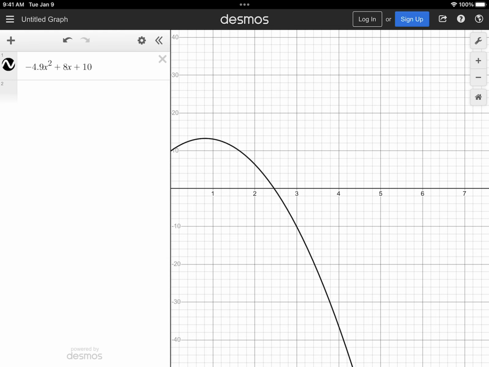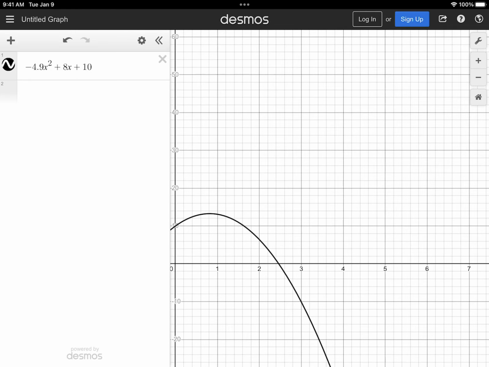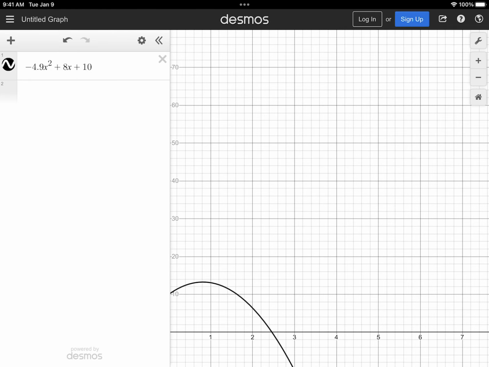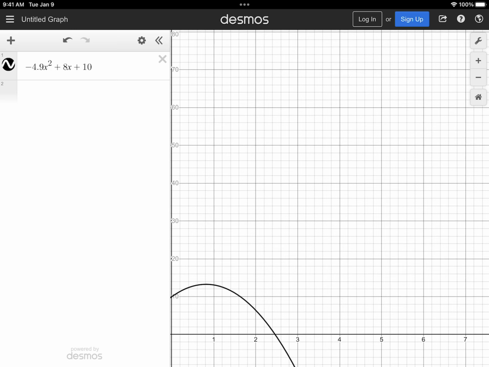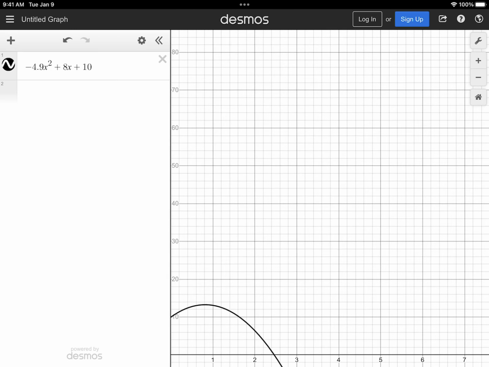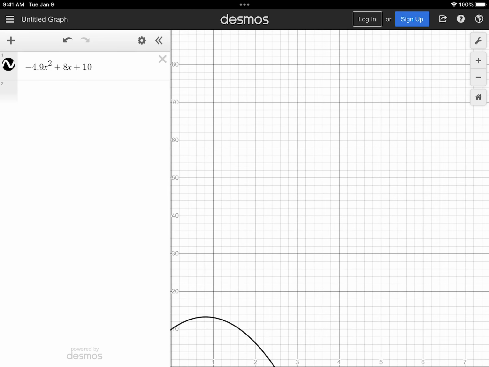I wish I could show you this a little bit. Well, yeah, I guess I can show you. We're going to restrict the range to when height isn't negative. Height's negative below the x-axis. So we're going to restrict the range to right here. Okay, so this is where it makes sense in the real world. So what's the domain? What's the range?